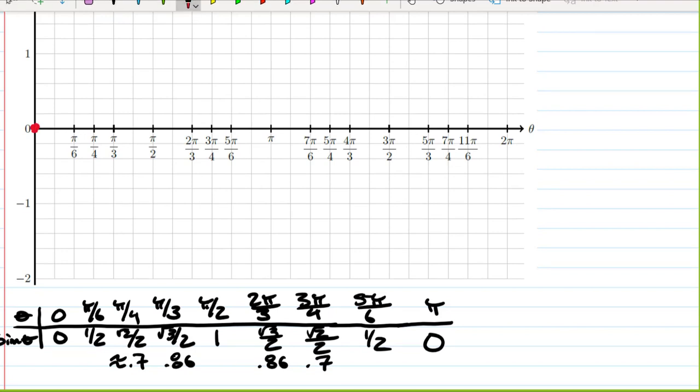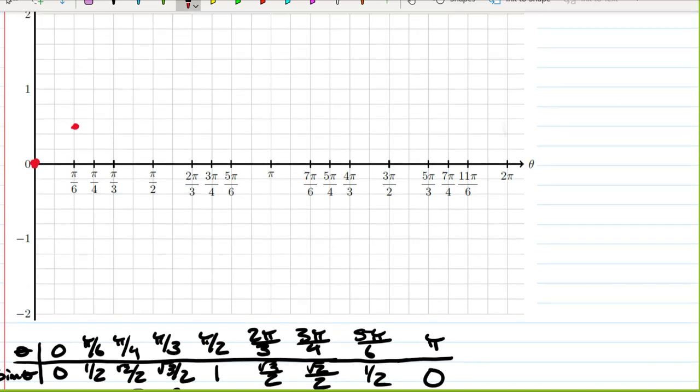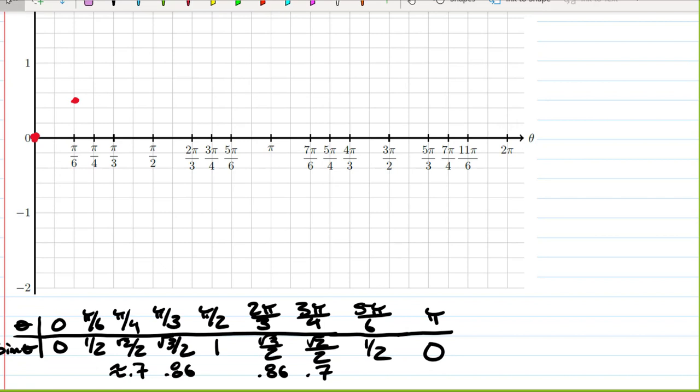At pi over 6, we get 1/2. At pi over 4, we get 0.7. And at pi over 3, we get 0.86. And then at pi over 2, we finally get 1. And then we count back down.